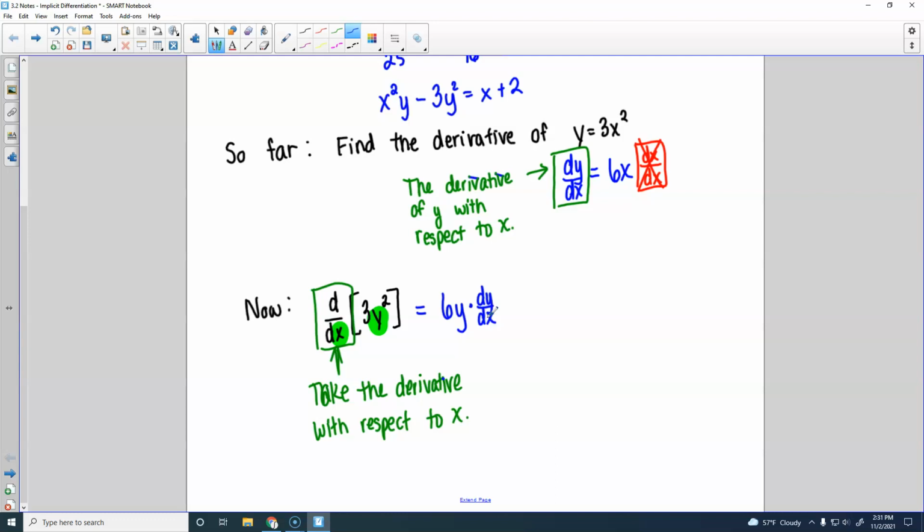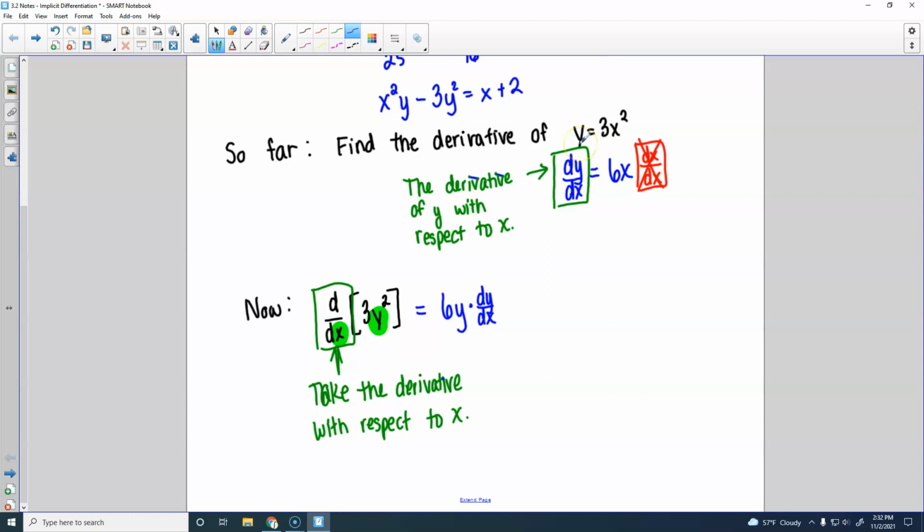So normally we have an equation, say y equals x squared, and we don't normally write dy over dx.